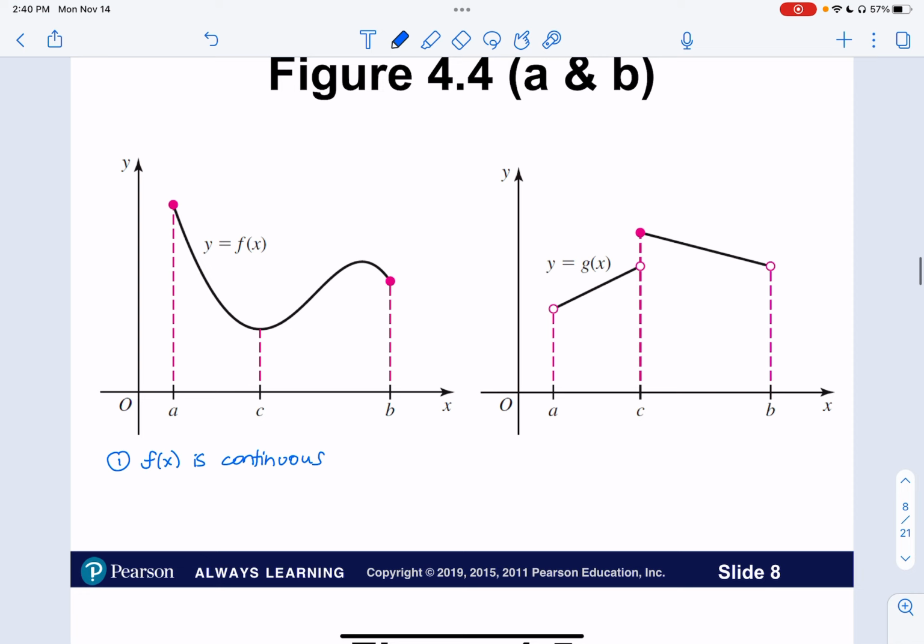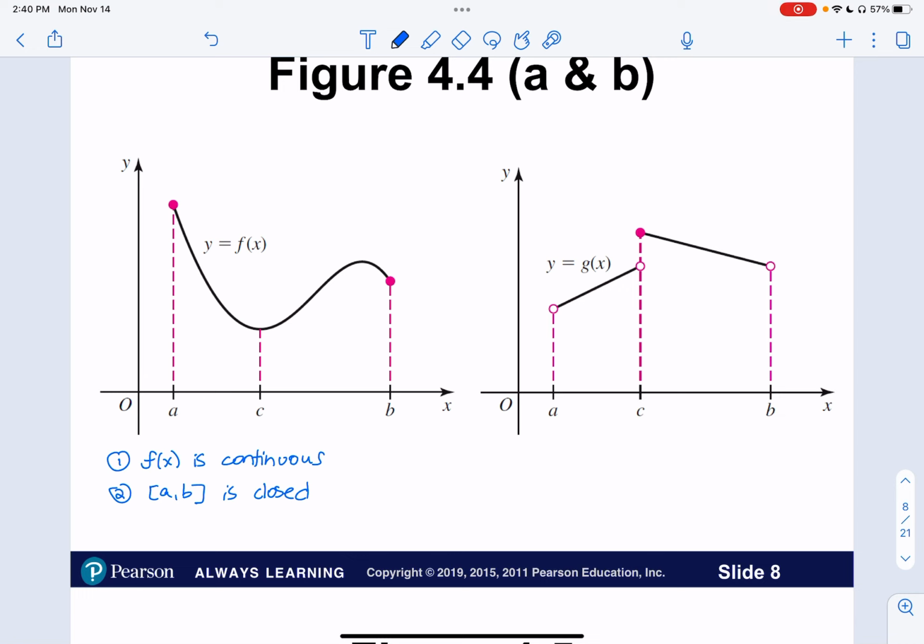And we can also say that we're looking at f of x on a closed interval AB, which is closed, right?